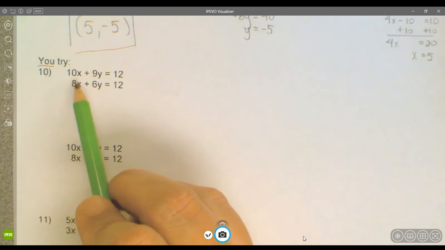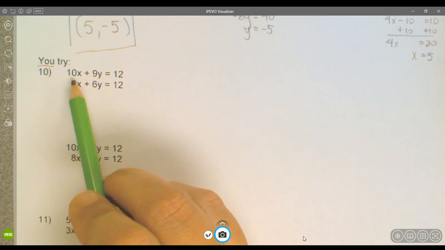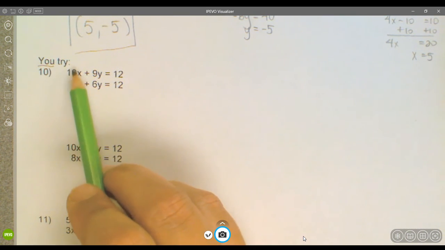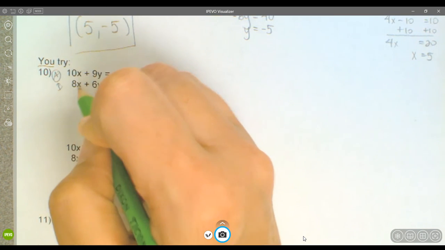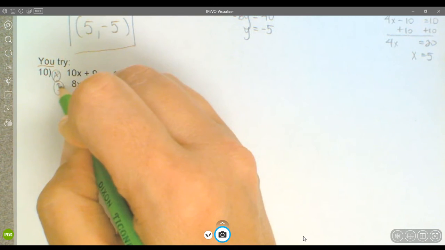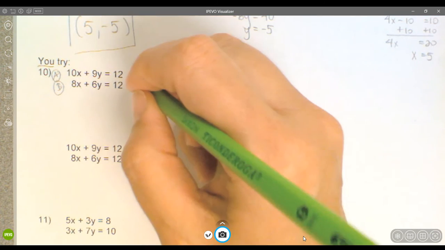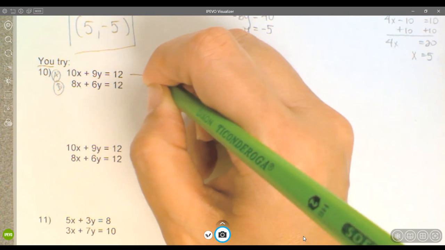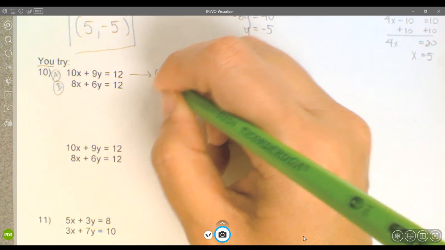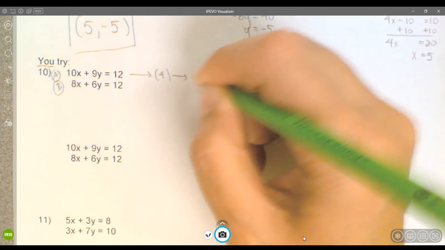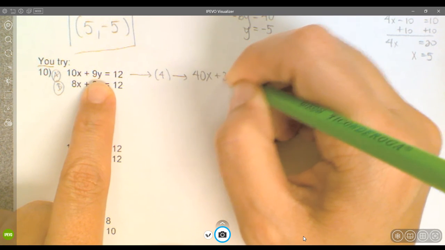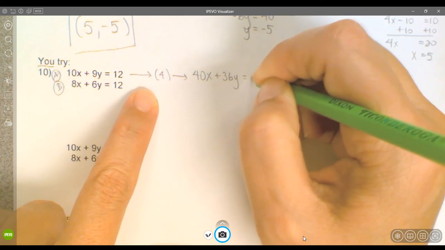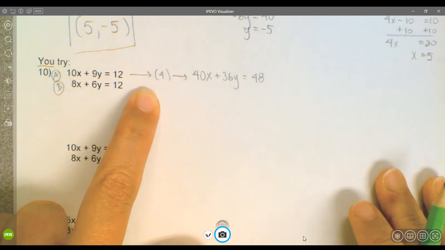So let's start by eliminating x. For those that want to eliminate x, I need to make this 40 and this negative 40. I could go 80, but remember, you always want to think smaller. So to make the top equation 40, let's multiply by 4. And I'll get 40x plus 36y equals 48.